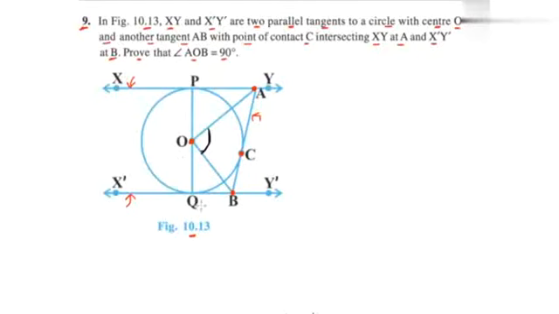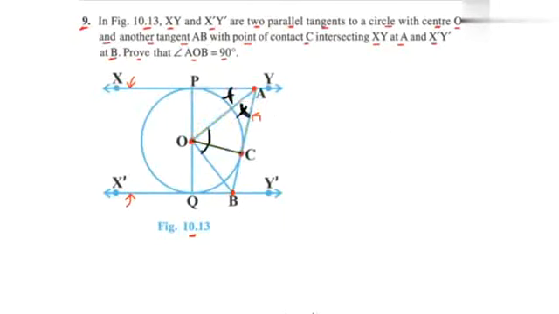The proof is actually quite simple, and to understand the proof, let's first join the center O with the point of contact C. Now if you compare triangle OAP with triangle OAC, it's easy to show that these two triangles are congruent, and therefore angle OAP or angle PAO will be equal to angle CAO, this angle here, correct?